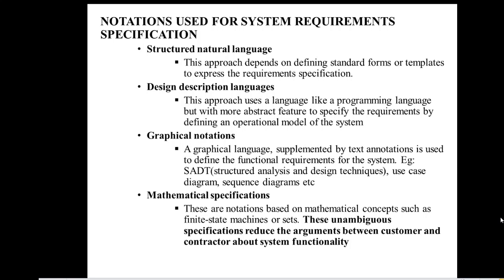In the mathematical specification we are using a lot of mathematical notations, mathematical functions to define your system requirement, and these notations are used for finite state machines or sets. This unambiguous specification reduces the arguments between customer and contractor about the system functionality.